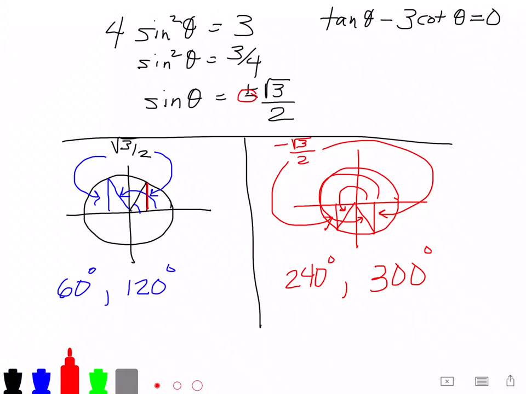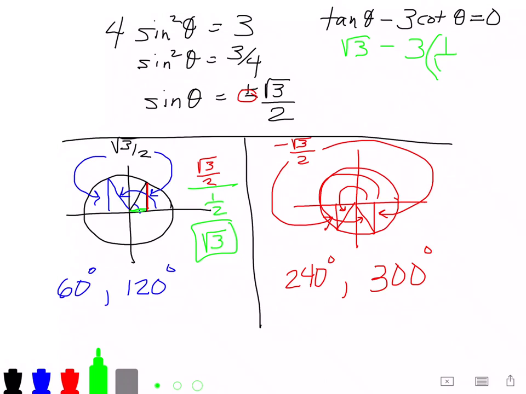On this one, my tangent is square root 3 over 2 divided by 1/2, and I get that my tangent is square root of 3. Then minus 3 times the cotangent, which is 1 over the square root of 3. They're always the reciprocal. And if you look, square root of 3 minus this whole thing here is square root of 3, so I have 0, and that works.